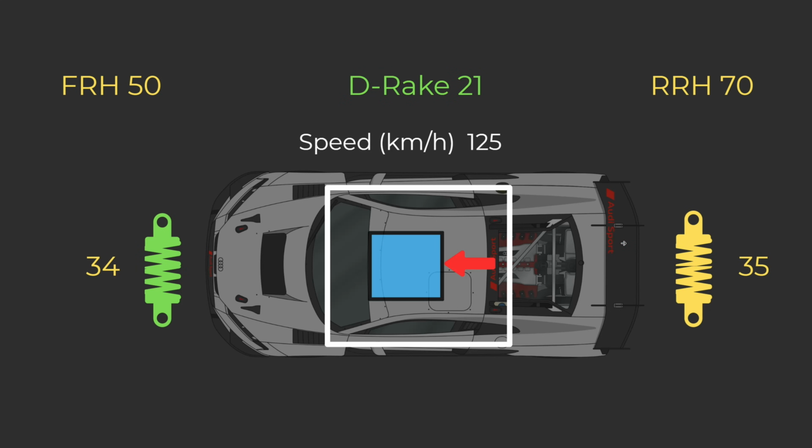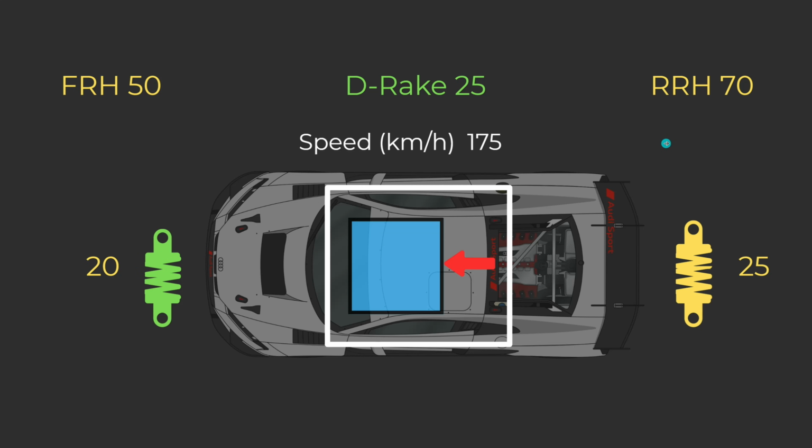On the previous slide, you could see that when we have a speed of like 125 and a small amount of airflow on the car, you can see now that my front spring is compressed 34 millimeters and the rear has 35. So our rake at 125 has increased by 1 millimeter compared to the equal spring stiffness on the car.